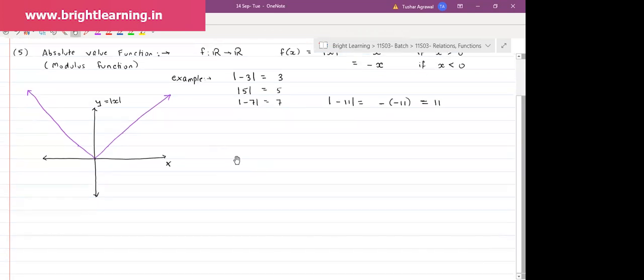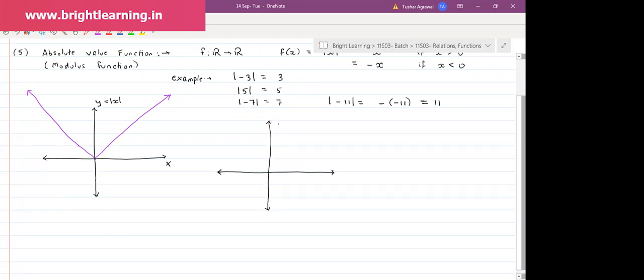Now, I don't think it will be very difficult to observe this part, because we have seen a slight introduction to the transformation of graphs while analyzing quadratic expressions.